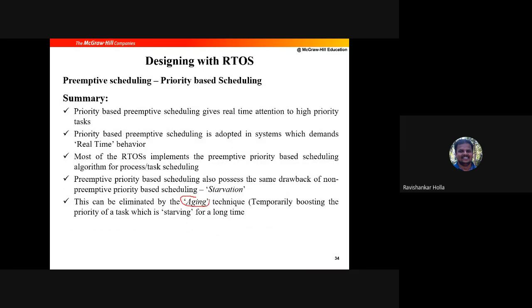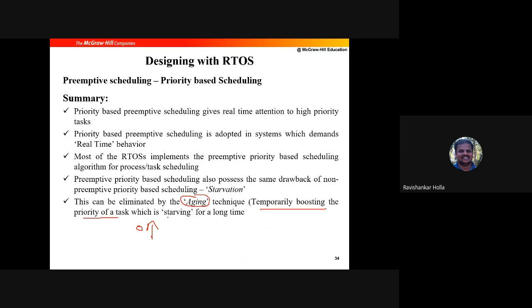What is this aging technique? If you find a task in the job queue for a long time, then temporarily boost its priority, or make its priority zero or the highest, such that it will get into execution and complete its task.